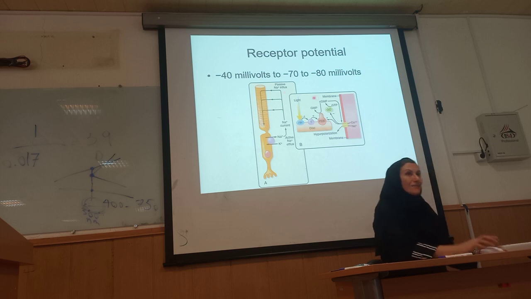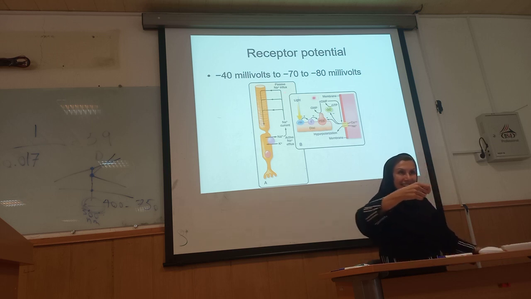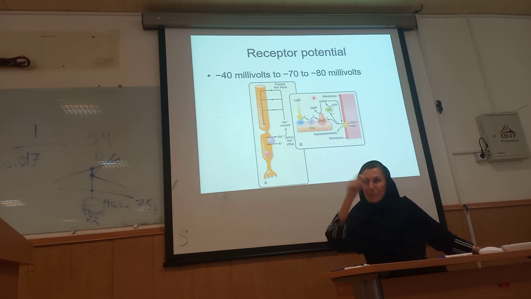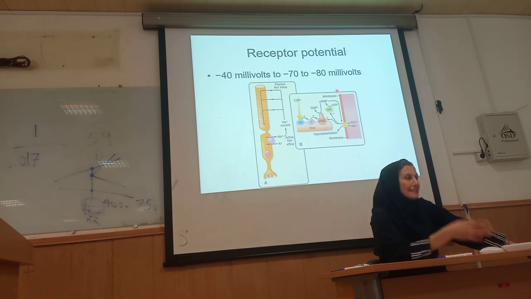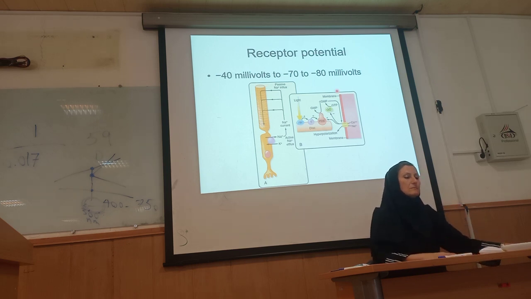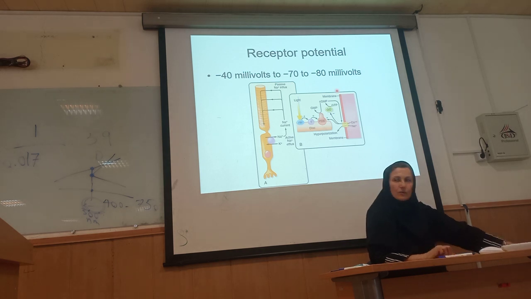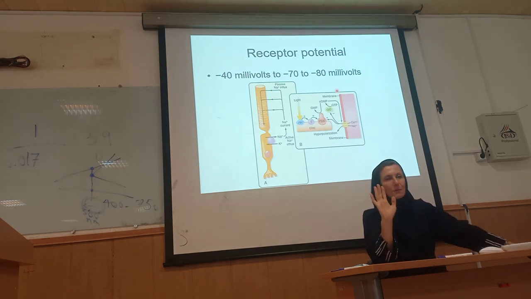Then when stimulated, it gets more negative and can reach minus 70 or minus 80 millivolts. In this situation, we say the photoreceptor is stimulated. So the receptor potential here is hyperpolarization. Accept it, and after that I will explain.